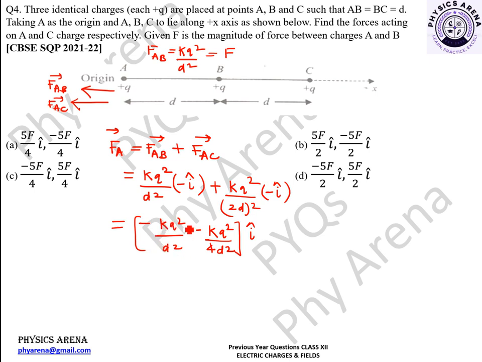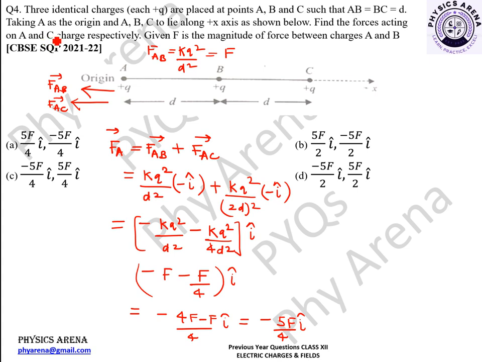So I can replace this complete value with F. So it is minus F minus F upon 4 with a I cap. So when I solve it out, it will be minus 4F minus F divided by 4 I cap, and that is equal to minus 5F upon 4 I cap. So this is the value of force on A due to other two charges.